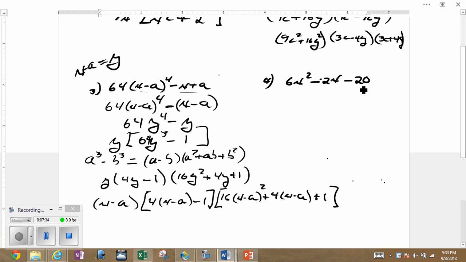A trinomial, as always, any factoring, you want to look for the common factor. Obviously, there's a 2 that can be removed, okay, giving us 3x squared, minus 1x, minus 10. We can do that method as demonstrated on the slideshow, or we could do the trial and error. Let's try the trial and error here.